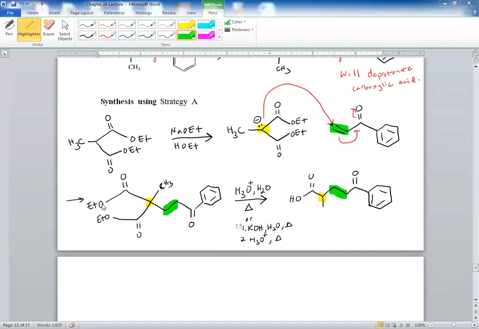When you do the hydrolysis, remember, these become OHs, hydroxy groups. So they become carboxylic acids. So this is hydrolysis. And then the second step would be to decarboxylate.